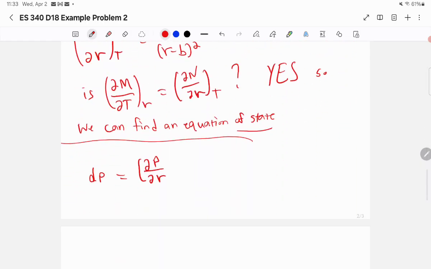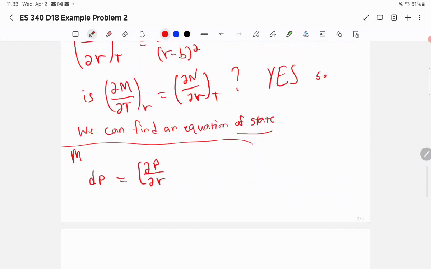We know that M, I should write this out, is equal to dP/dV holding T constant. And then N is, of course, dP/dT, obviously these are all partials, holding V constant.